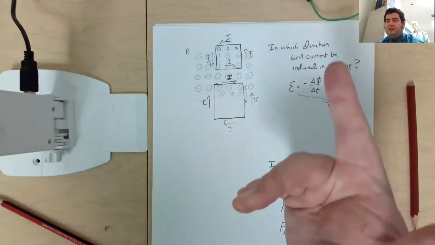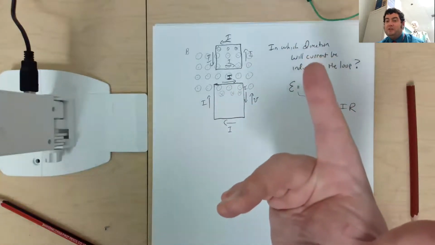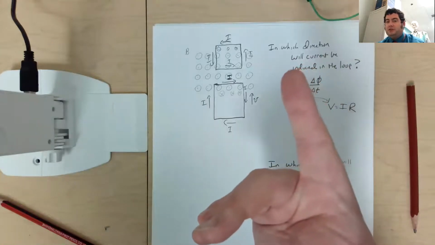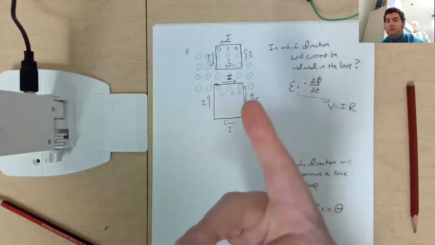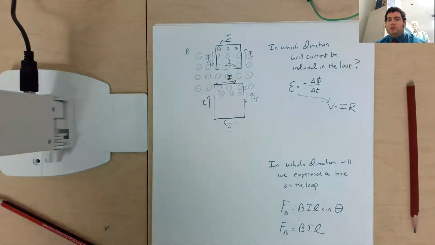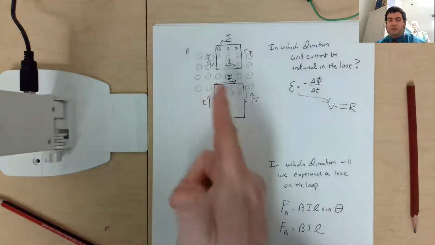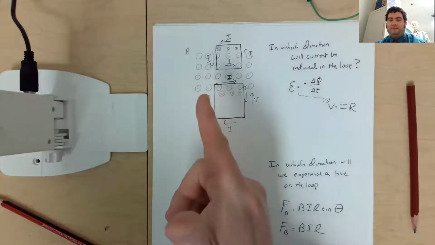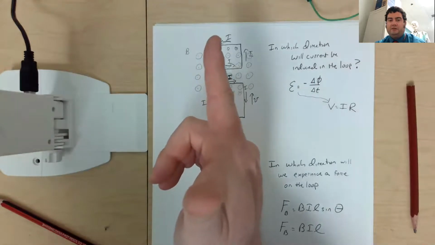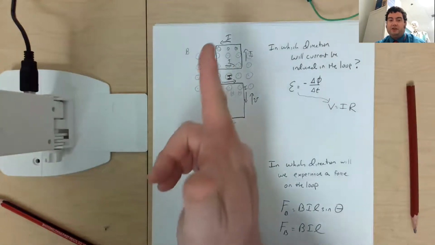Now, which direction are the charges moving? They're moving in the direction of the current, as long as we say that positive charges are the things that are actually moving through the wire. So let's start with this current here. I've got my index finger pointed in the direction of current.